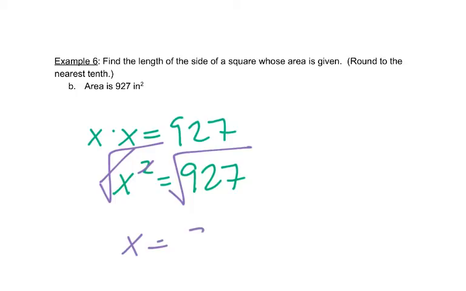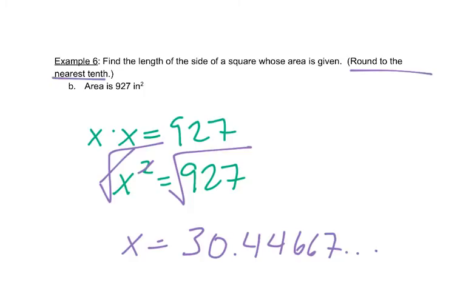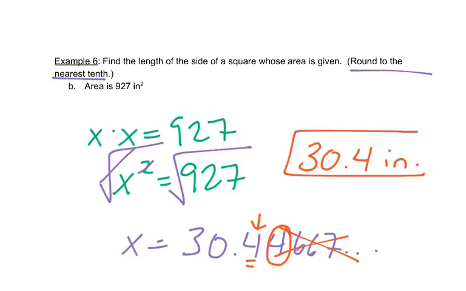And we get 30.44667, and it keeps going. The directions say round to the nearest tenth, so that's this spot right here. The 4 after it tells us to leave the 4 as 4, because the digit after it is 5 or lower. So our final answer would be 30.4 inches.